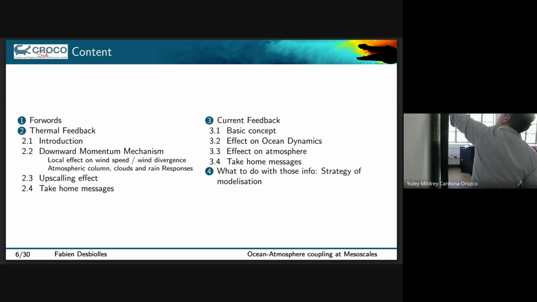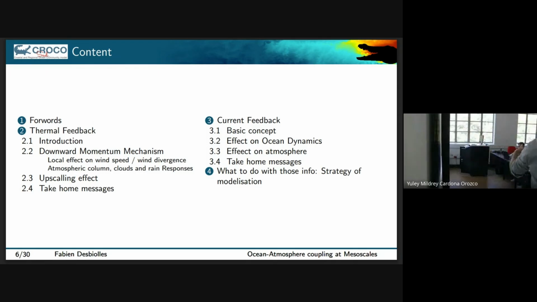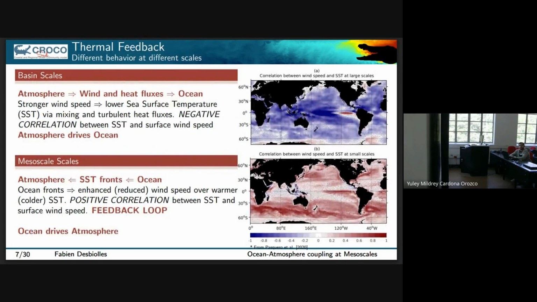Some upscaling effect, and well, I'm going to conclude as well. Current feedback, so also I'm going to explain the basic concept, the effect for ocean dynamics, the effect for atmospheric dynamics. And I'm going to conclude to say what to do with this info and conclude with some strategy in model and simulation, right? Okay, so let's go with thermal feedback.